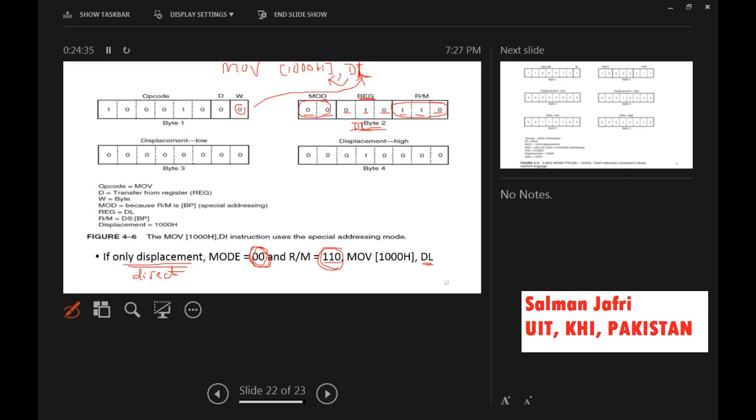So D is 0. After that we have the displacement 1000h. So low byte 00 followed by high byte 10, because in 1000, 00 is the low byte and 10 is the high byte.